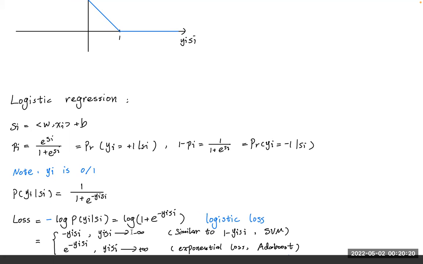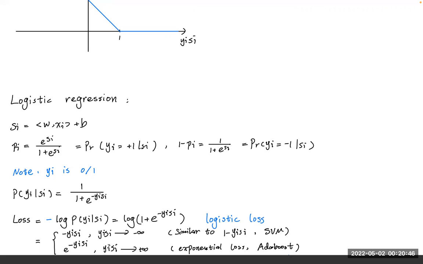And if y_i s_i, this margin, the individual margin, goes to negative infinity, then this number becomes very big, right? This number dominates. So we can just discard this one, which is negligible, so that we have log of this e, which will be negative y_i s_i.